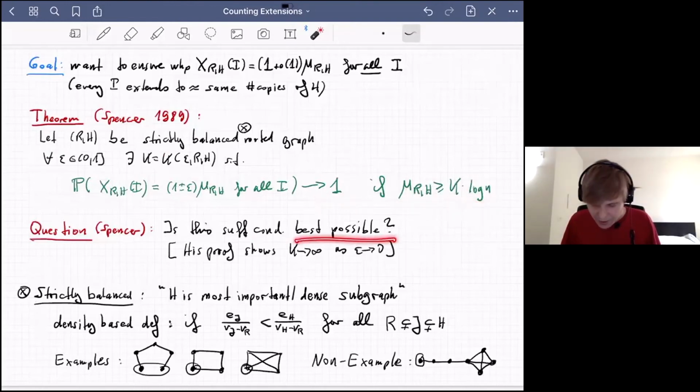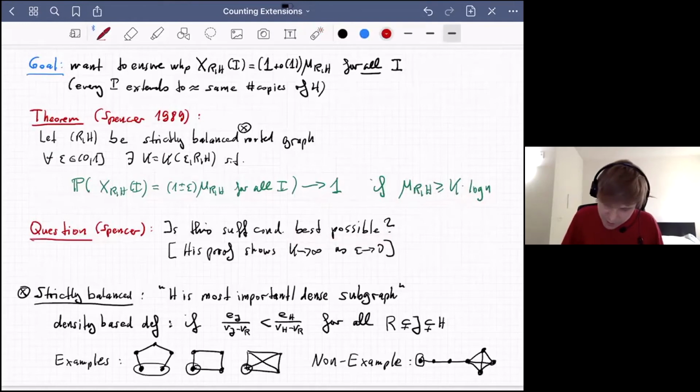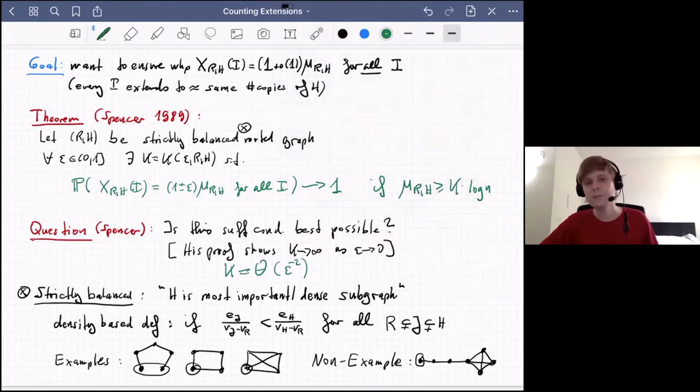He asked, is the sufficient condition best possible? In other words, what is the dependence on k? What we showed here is that k should be of order epsilon to the -2. This is one other way to interpret our result: the correct choice of the constant k would be epsilon to the -2.